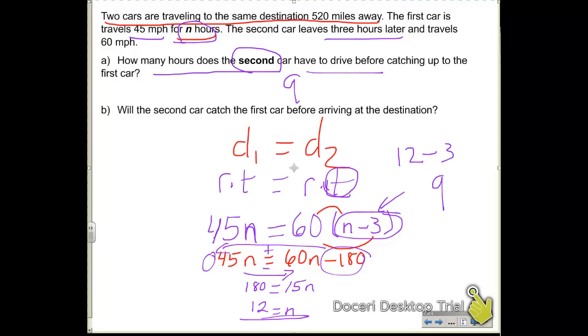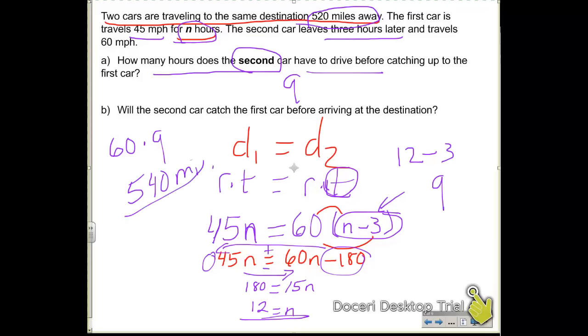Part B, will the second car catch the first car before they arrive at their destination? Well, their destination is 520 miles away, and we know that the second car is driving for 9 hours at 60 miles per hour. So all I got to do is take 60 miles per hour times 9 hours, and I get 540 miles.